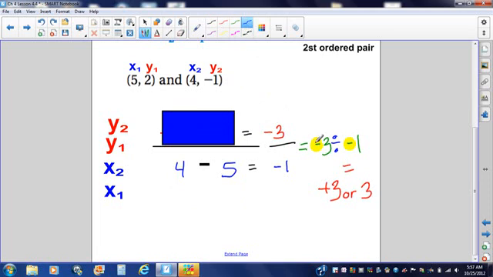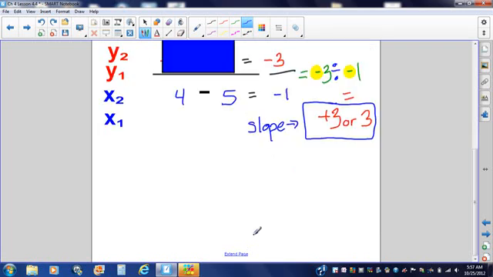Or you can simply say that a negative divided by a negative is a positive. In either case, we get 3, so we can say that our slope is 3, or remember to use the variable m for slope.